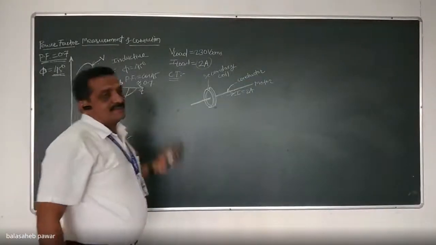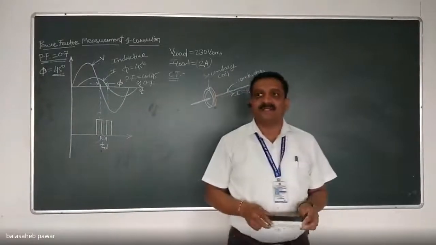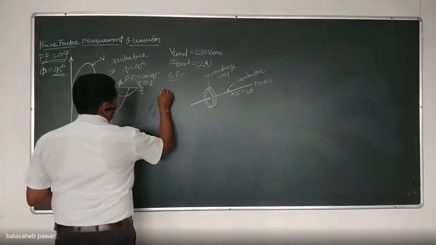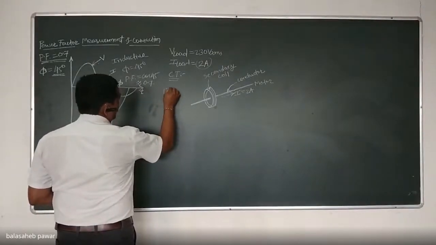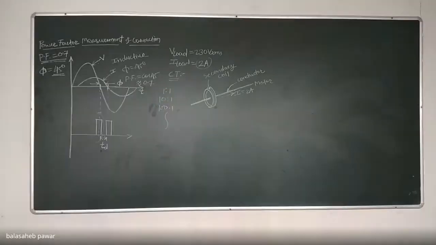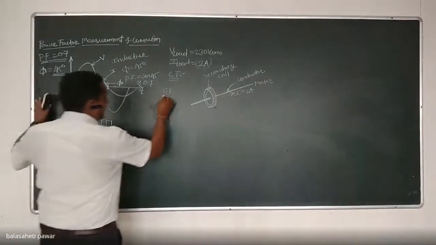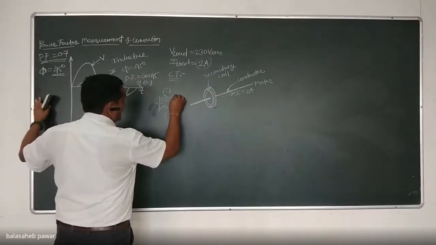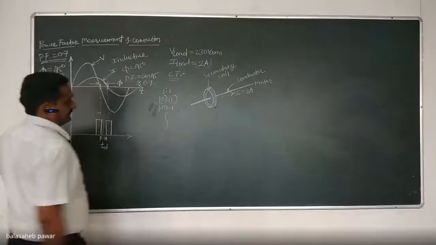Now, these current transformers are available in the market with various ratings. For example, the ratings are given like this: 1:1, 10:1, 100:1, etc. Suppose that transformer is 10:1. It means when 10 amperes of current flows through this conductor, 1 ampere of current will be induced in the secondary coil.